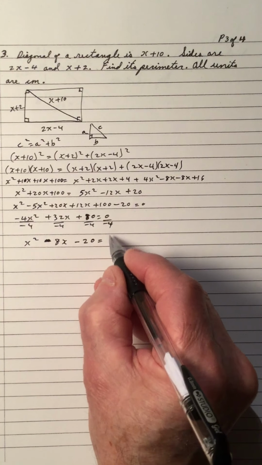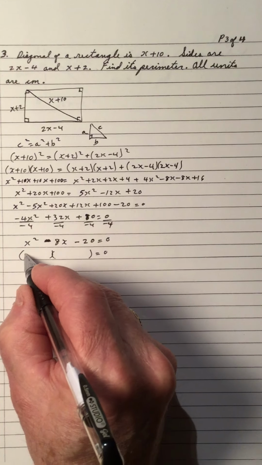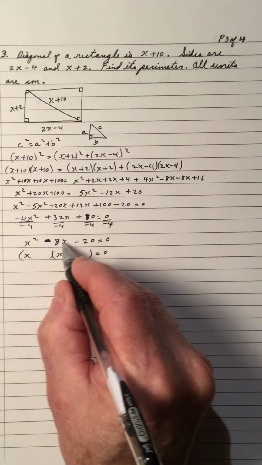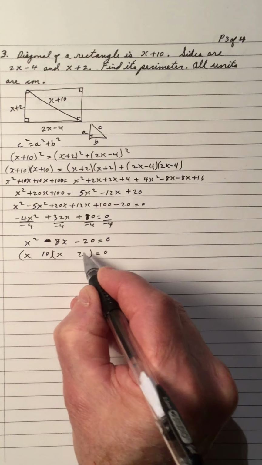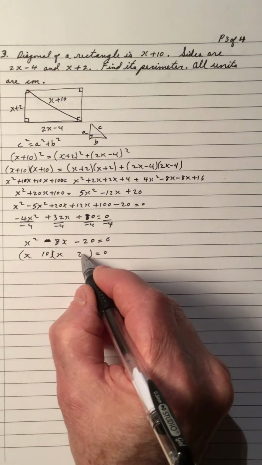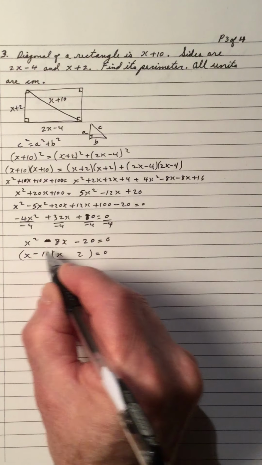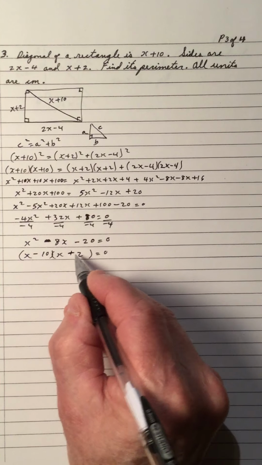And 0 divided by negative 4 is 0, and it's factorable. X squared is x and x. The factors of 20 to give me an 8 are 10 and 2. Remember, the product is negative 20 and the sum is negative 8. So 10 and 2 multiplies to give you 20. But it's negative, so one of them's got to be negative and one of them's got to be positive.